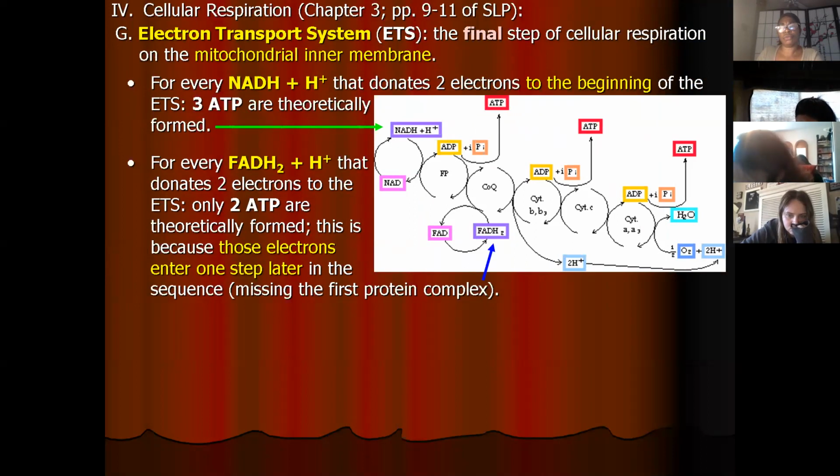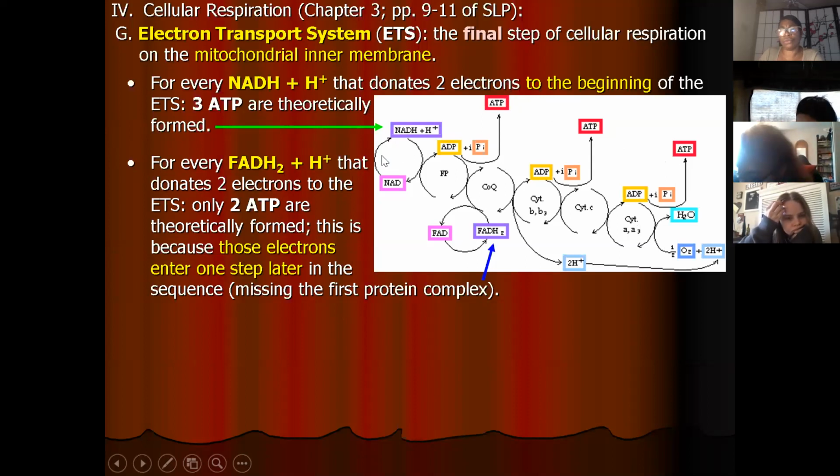And this is why, if you look at this figure, you get more ATPs from NADH. Those pair of electrons go through all 3, and then you get 1, 2, 3 ATPs. FADH2 skips the first one, drops it off here, skips this one, and it goes down the line, and you only get 1, 2.